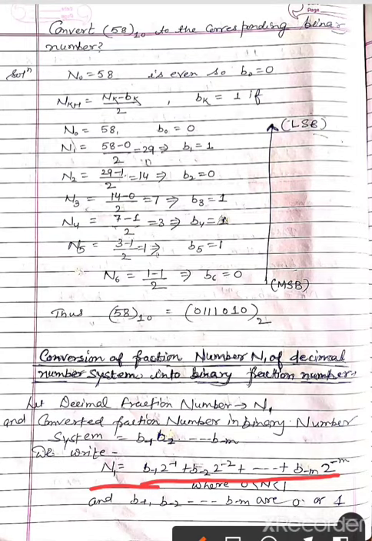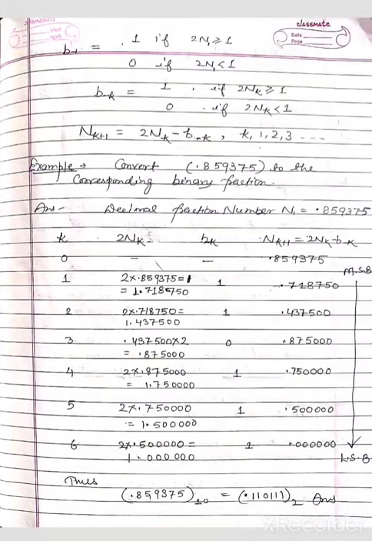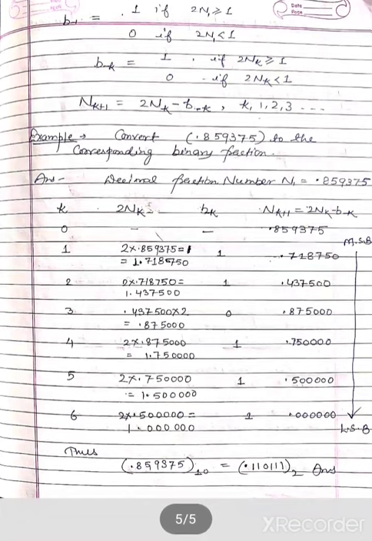So this gives the conversion of a fractional number of the decimal number system into a binary fraction number. Here we can see that b minus 1 is the most significant bit and b minus 6 is the least significant bit.